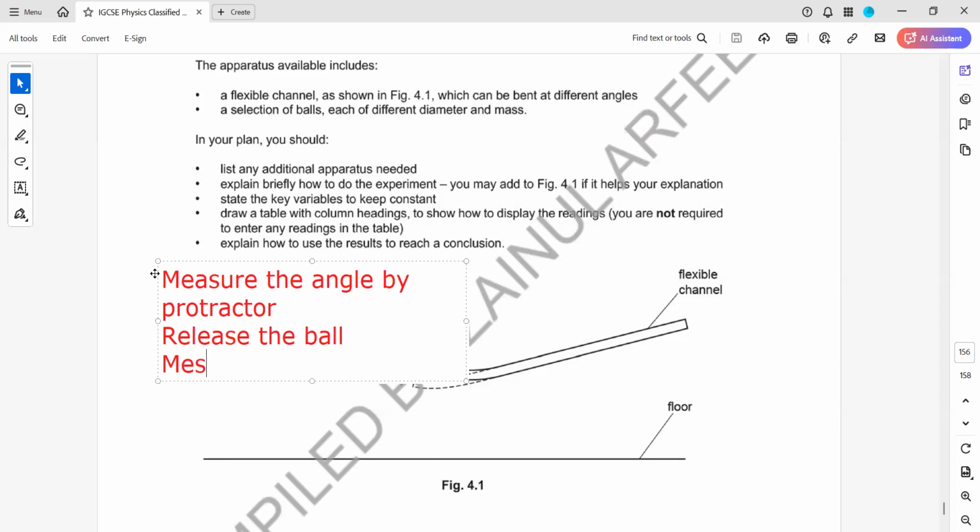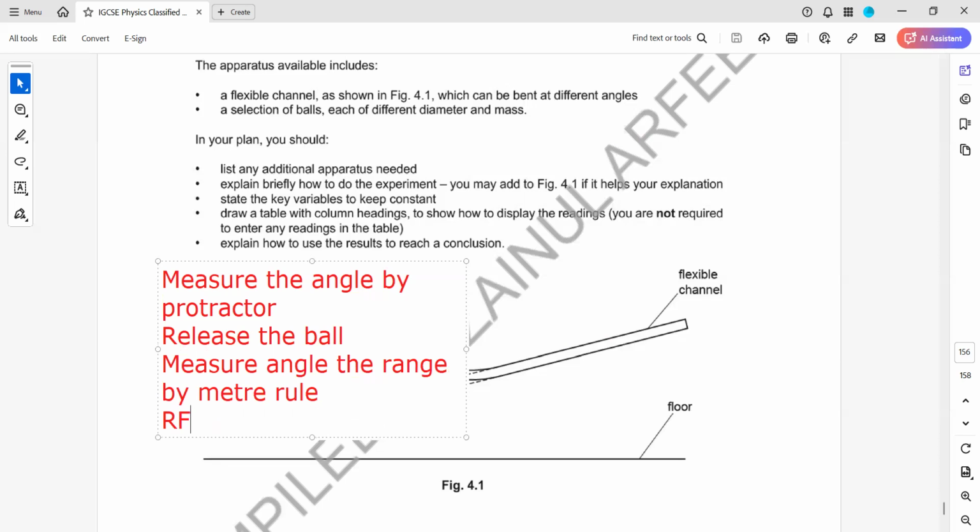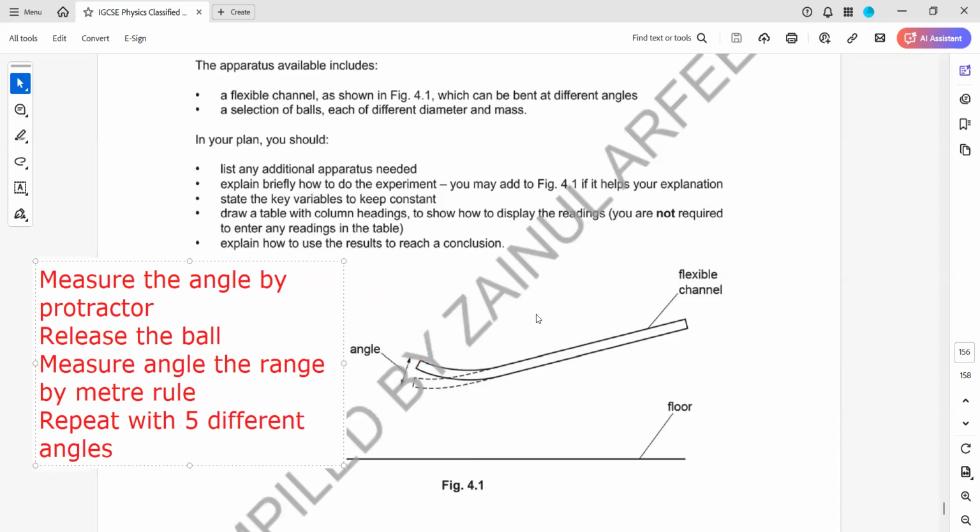Then we'll measure the range by meter rule. Then we'll repeat with 5 different angles. So we'll change the angle 5 times. That is how it should be done. Yeah, measure the distance it traveled. That is the range.